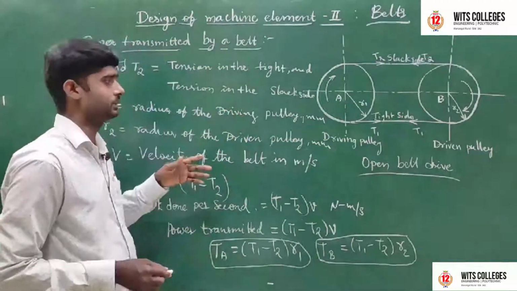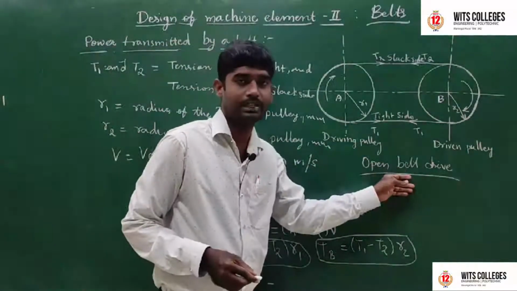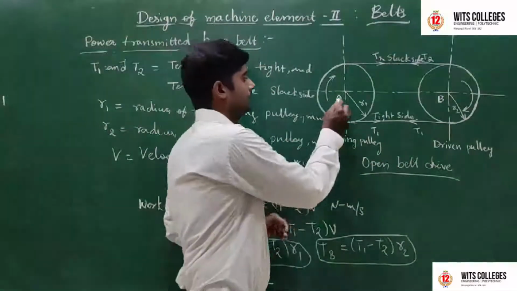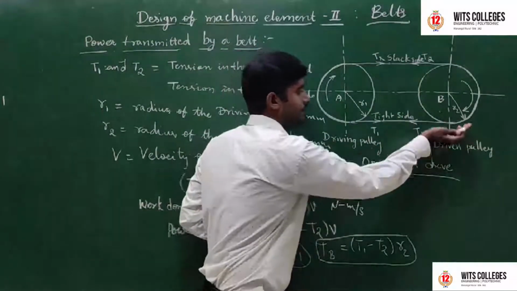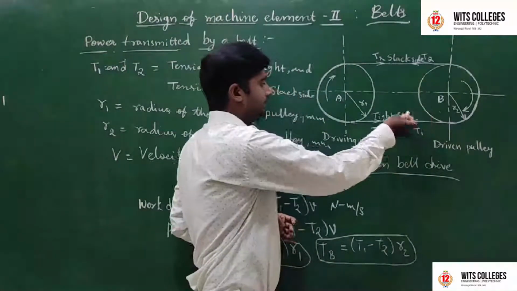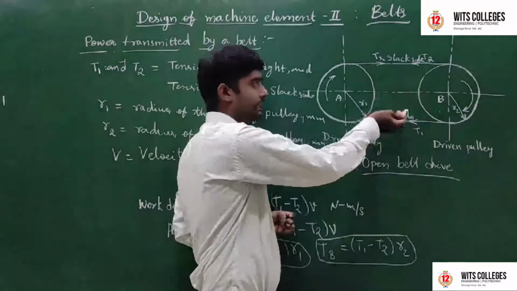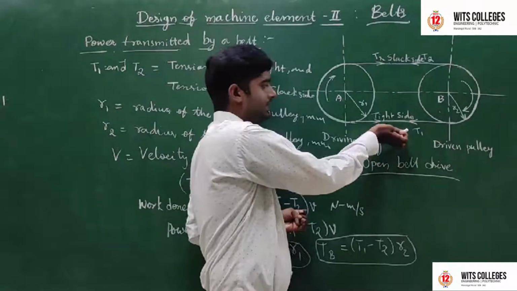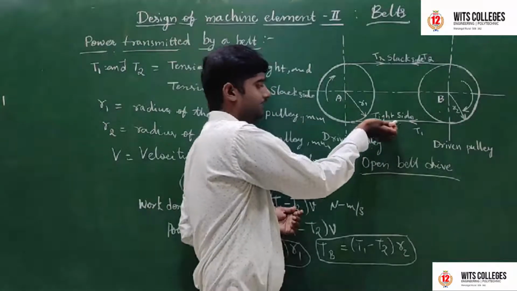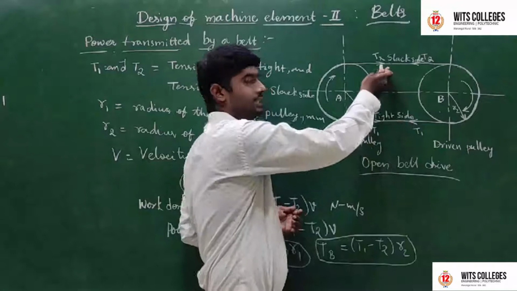In this power transmitted by a belt, this is an open belt drive, with pulley A and pulley B. Pulley A is the driving pulley and pulley B is the driven pulley. There are two sides: one is the slack side, the other is the tight side. In the tight side the tension is T1, in the slack side it is T2.